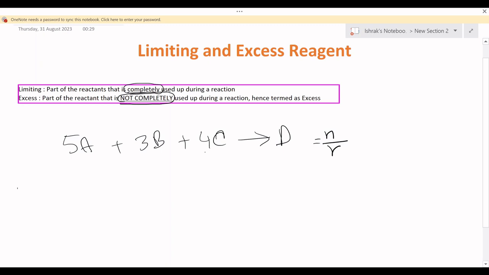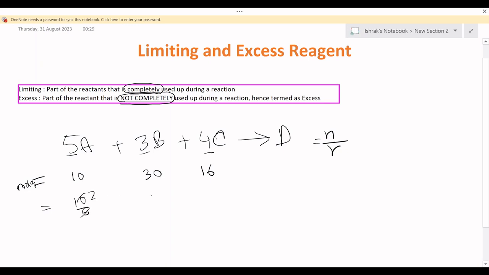Now how do we find which one is our limiting reactant or excess reagent? Here we don't have any moles given, so let's just put some moles. Let's say 10 for this one, 30 for this one, and 16 for this one. So these are my moles. Using the formula, 10 divided by 5, I get 2.